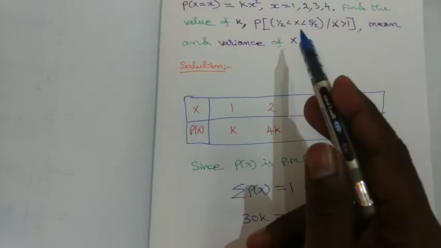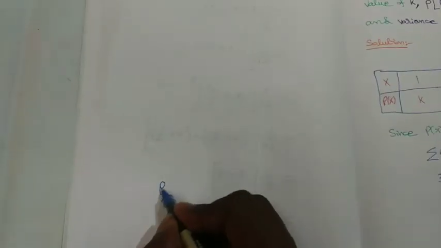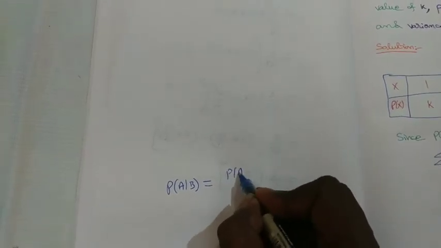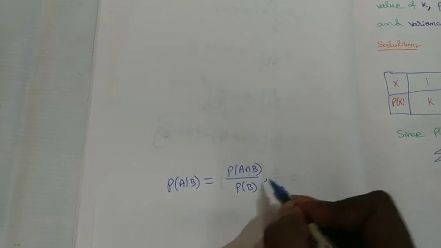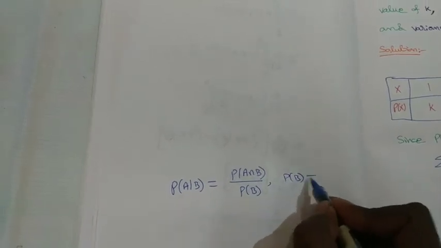So next question, I want to find out the conditional probability. To apply conditional probability, the formula is P of A given B is equal to P of A intersection B divided by P of B, provided P of B is not equal to 0.